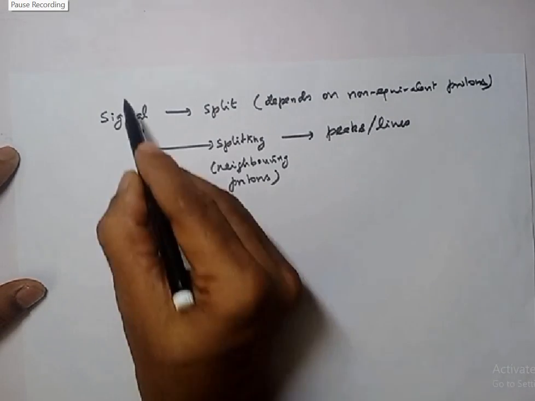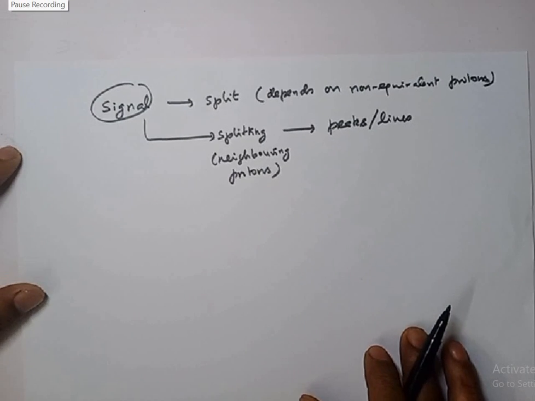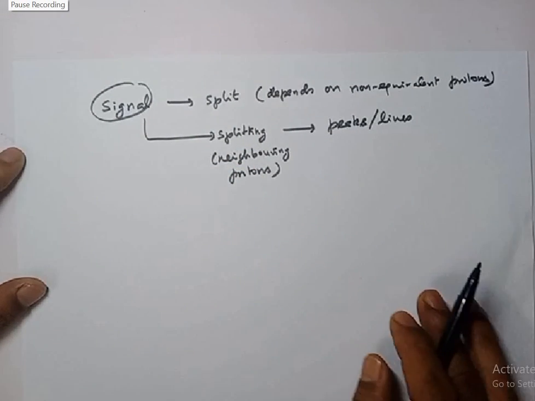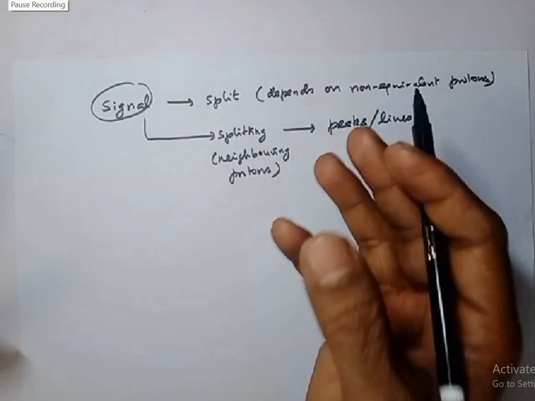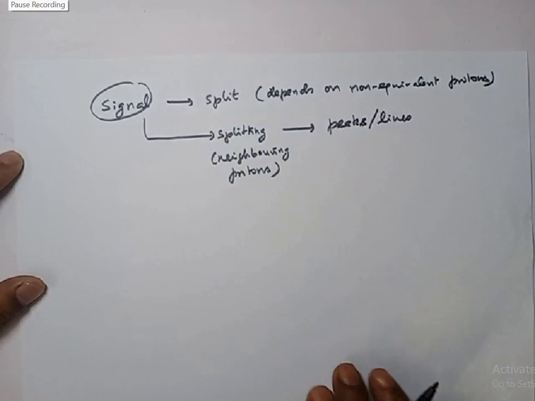So a signal splits into peaks depending upon the number of neighboring hydrogens present, and the hydrogens should be non-equivalent.